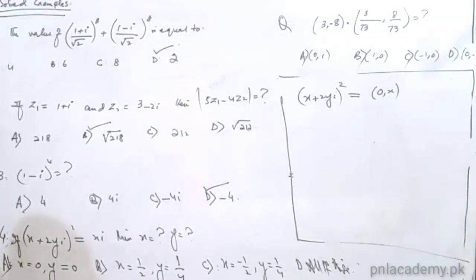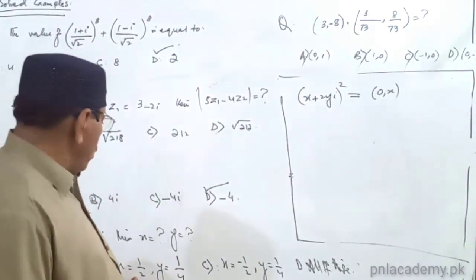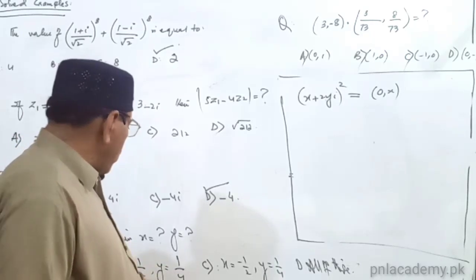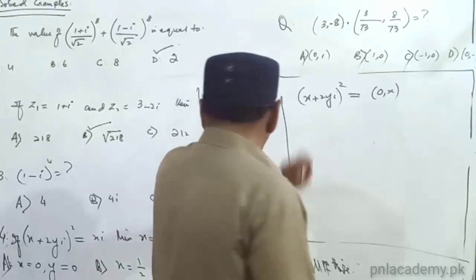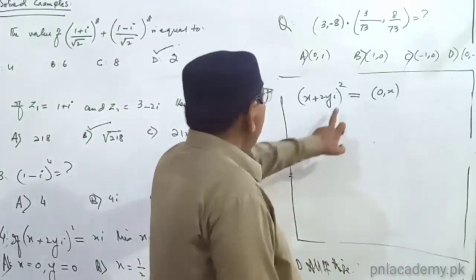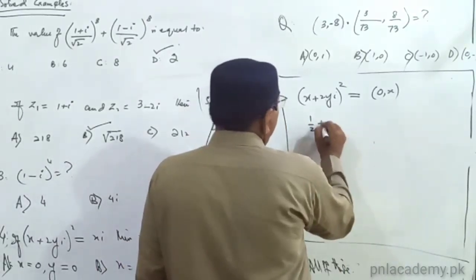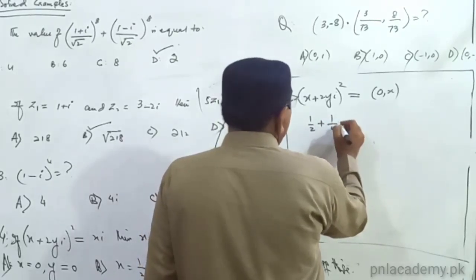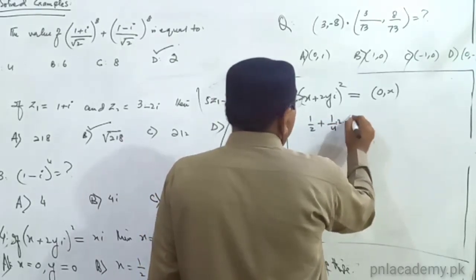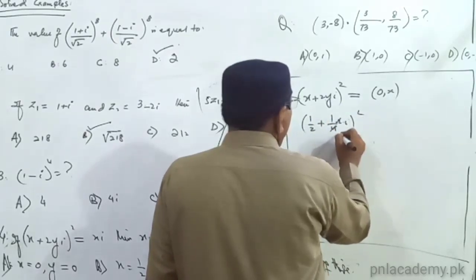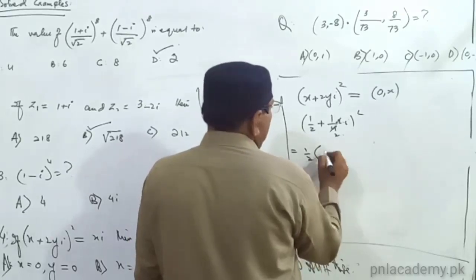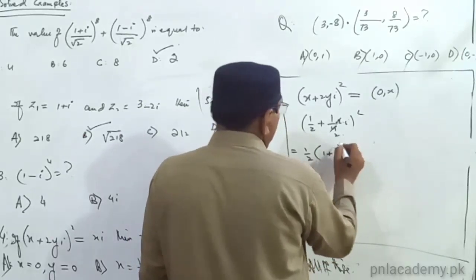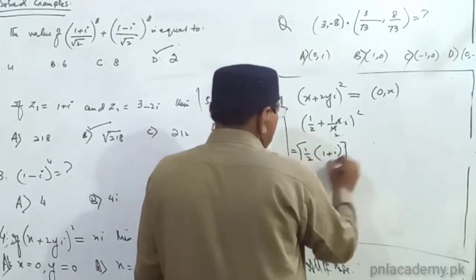So x is equal to 0, y is equal to 0 is the correct answer. Here the next answer is x is equal to 1 upon 2, y is equal to 1 upon 4. If you set these values, this will be (1 upon 2 plus 1 upon 4 into 2 into iota) whole square. So this will be 2. 1 upon 2 is common, cancel. (1 plus iota) whole square.